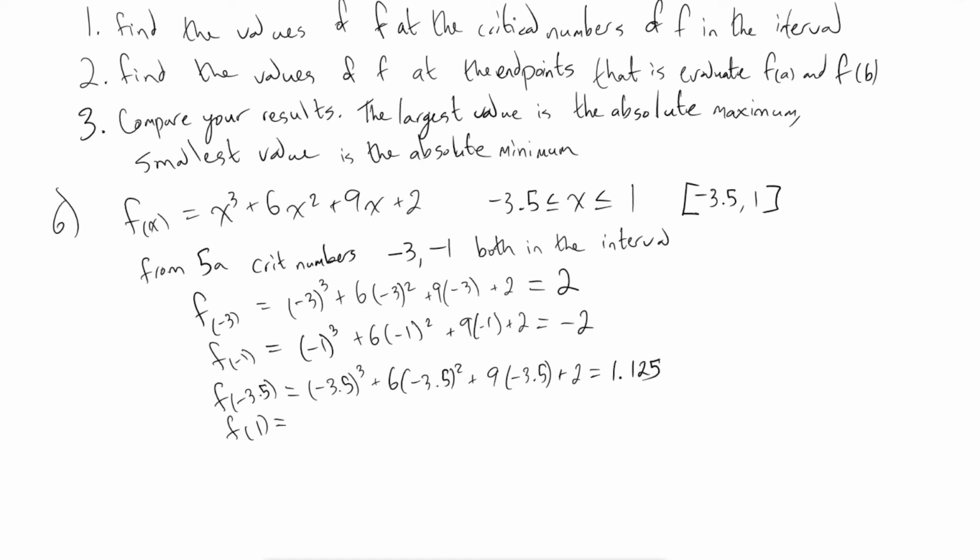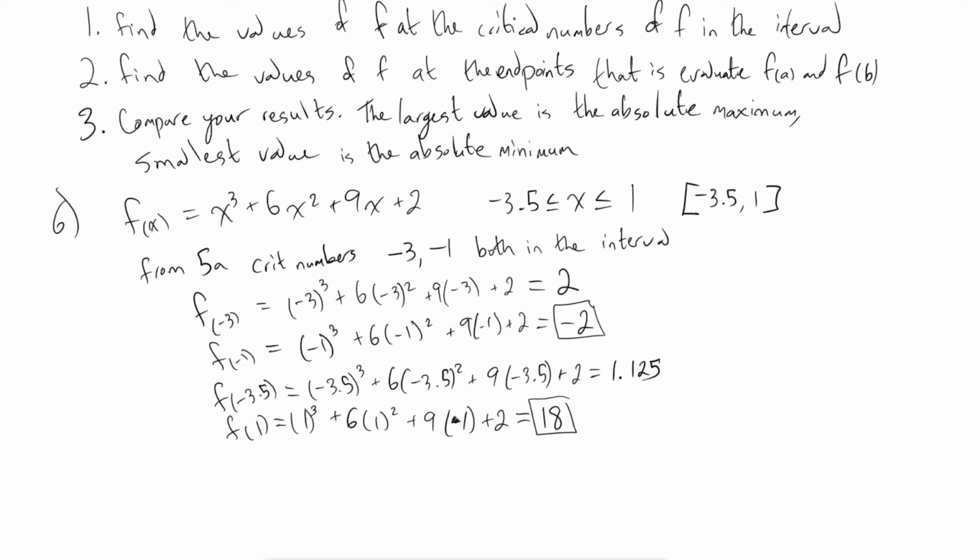And finally, at positive 1, we have 1 cubed plus 6 times 1 squared plus 9 times 1 plus 2, or 1 plus 6 plus 9 plus 2, which gives us an answer of 18. My maximum value is that one right there. My minimum value is that one right there.